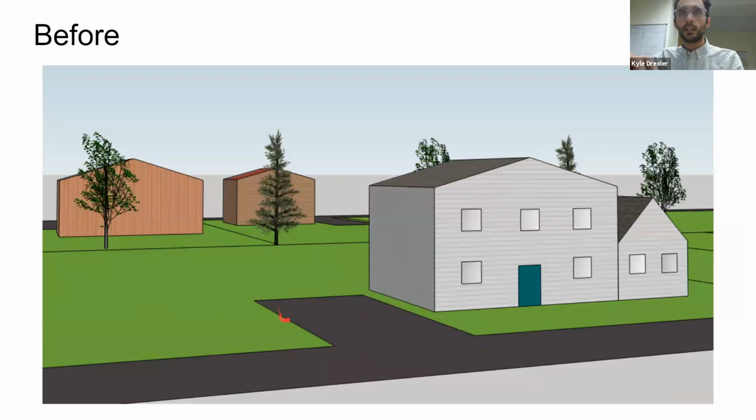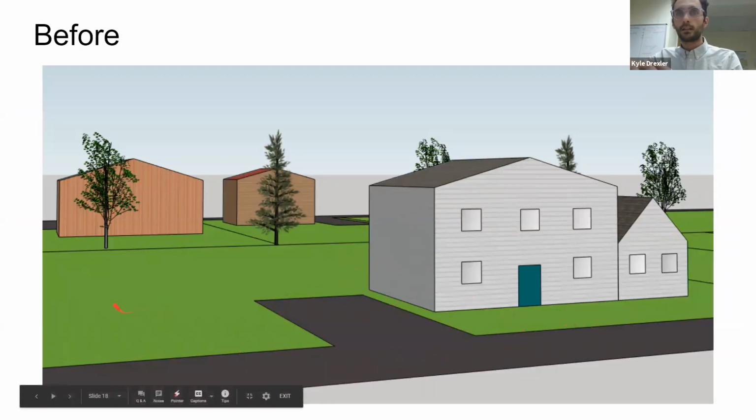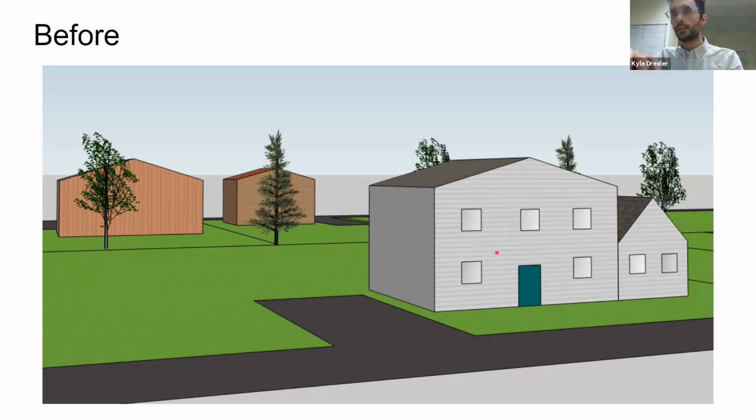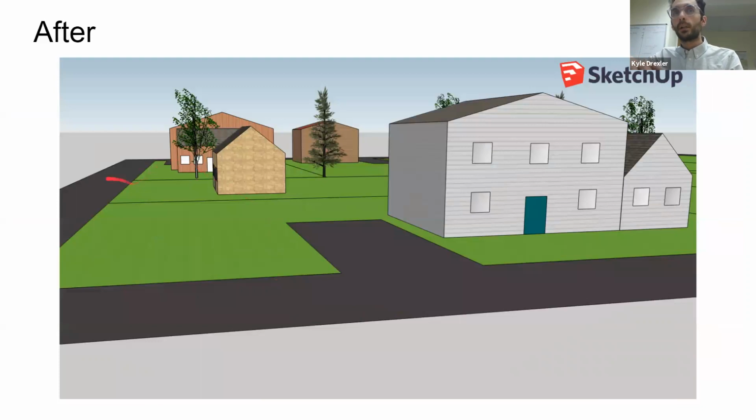Similarly here, again, you have this lot here with some extra space over here. The house is situated more so to one side. They were able to divide the lot and put, maybe this lot was a little smaller than the lot originally existing. So they were able to put a smaller home over there.